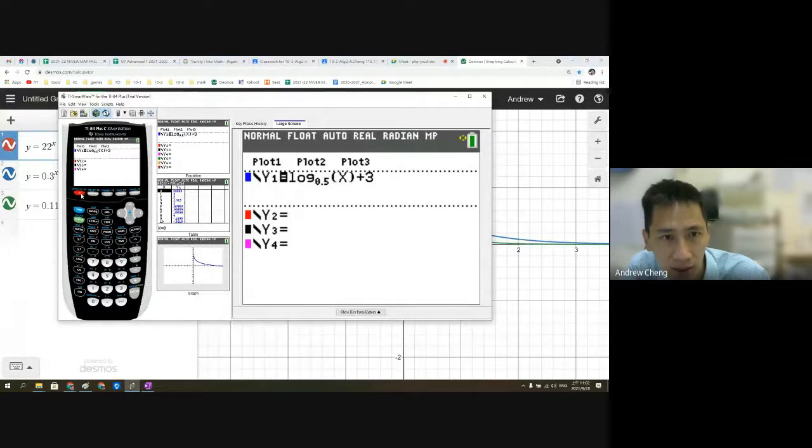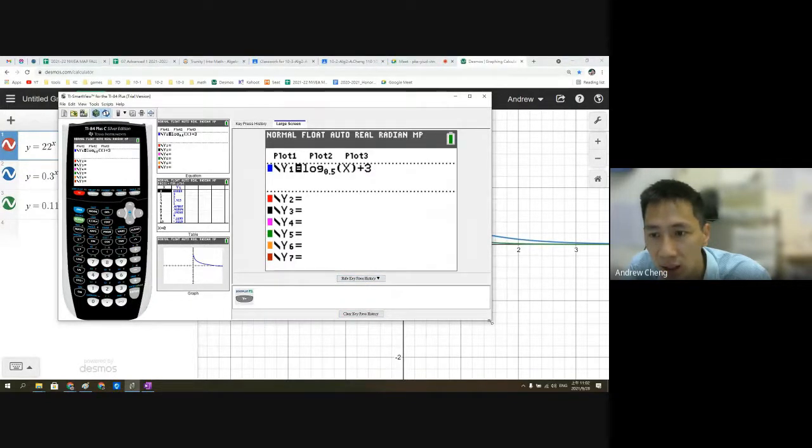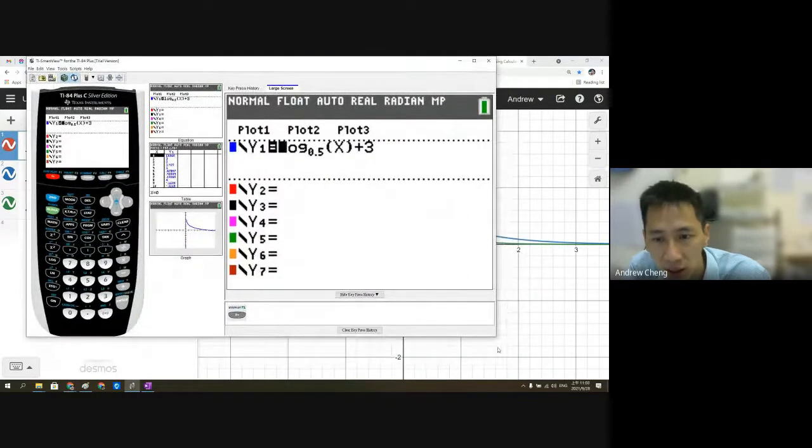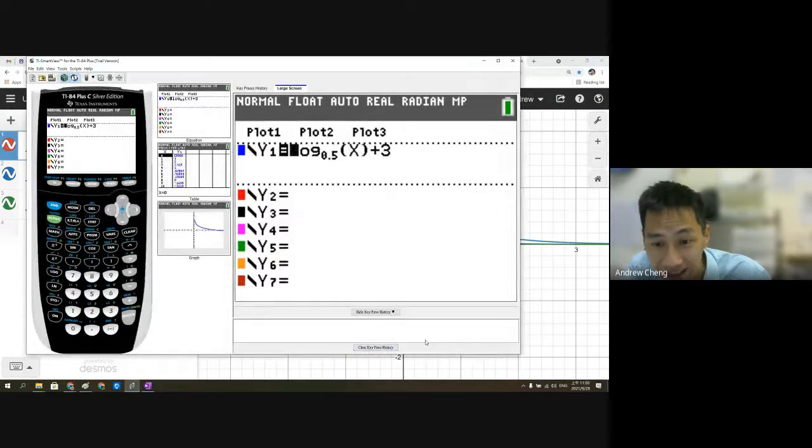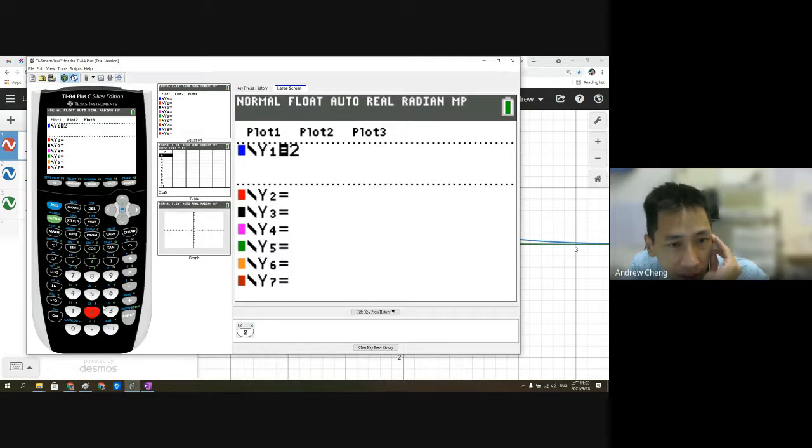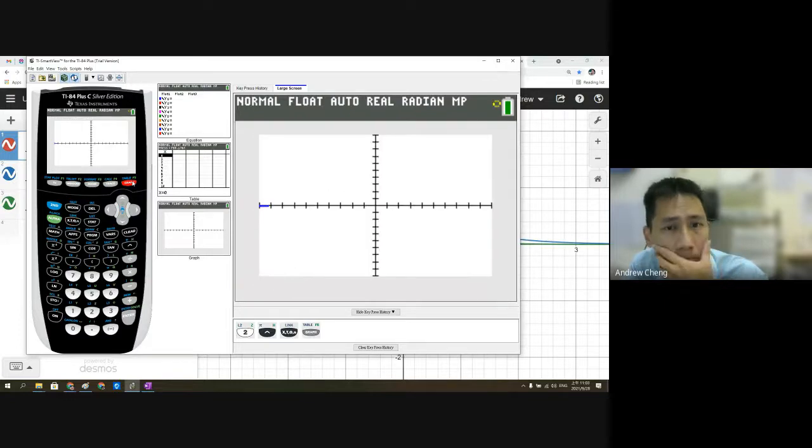You go to y equals, clean the log, and type 2, then the up arrow to make it an exponent, and then x. And then graph. It goes through (0, 1).